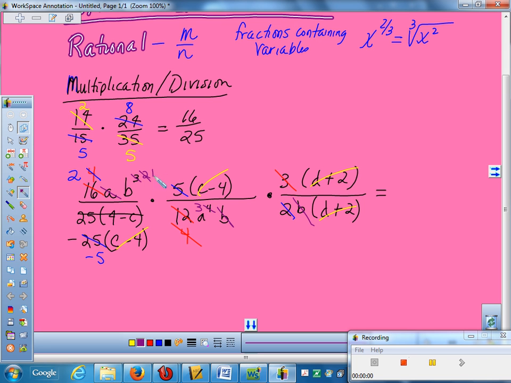Okay, I would go across. I got a 2, a b to the 1st. Is there anything else left on the top? Nope, so we got a 2b left on top. That cancels to an a to the 3rd, and that's it. And so you cancel all that stuff, and you're down to this nice little simple expression.